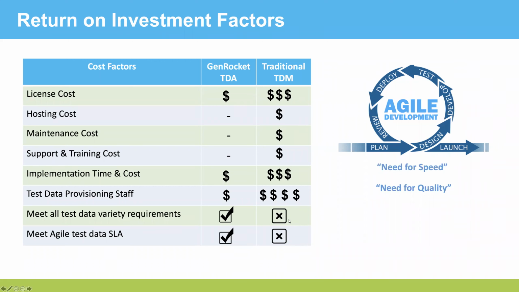And traditional production data isn't meeting all of the data variety requirements, which can be met by GenRocket. So you can see on a side-by-side comparison in an agile environment where there's a need for speed and quality, how compelling the ROI is for GenRocket.